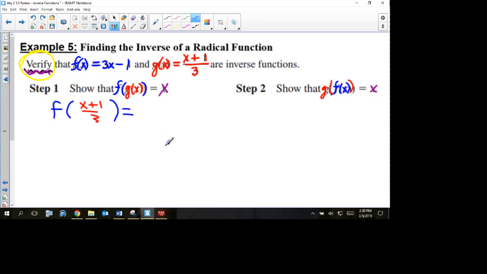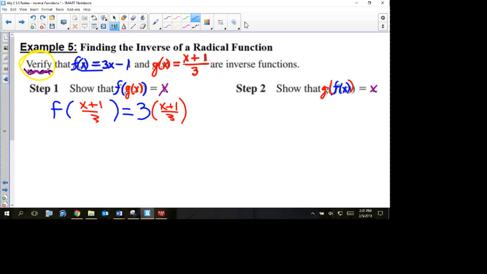So I started copying down the f function. I put f parentheses, but there's an x. So instead of x, I made it x plus 1 over 3. Then I put the equal sign. The next thing I'm going to have is a 3. After that 3 is another x. But wherever there's an x, we're putting the g function. So we're doing x plus 1 over 3.